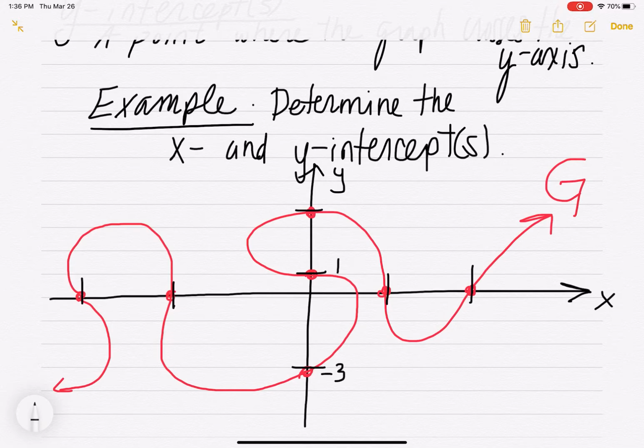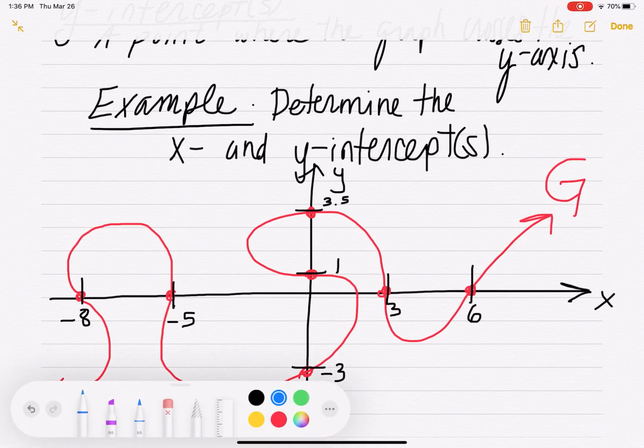Here we have 1, and here we have, let's say, 3.5. Over here, let's say we have 3, and this is, let's say, 6. Over here, let's say we have -5, and over here, let's say we have -8. So we want to find the x-intercepts and the y-intercepts.